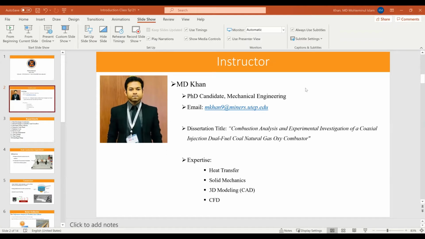Just in case you ever get curious, my dissertation title is Combustion Analysis and Experimental Investigation of a Coaxial Dual Fuel Coal Natural Gas Oxycombustor. I know it's a mouthful. What I basically do is burn fossil fuel and try to bring out more effective ways of combustion, in a greener way, meaning the exhaust gas will be less pollutant.